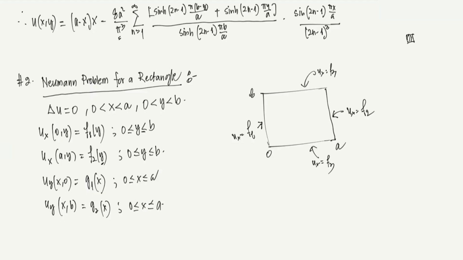There is a compatibility condition here. The integral of the boundary data is going to be 0. So the compatibility condition must be fulfilled, and it will look like this.